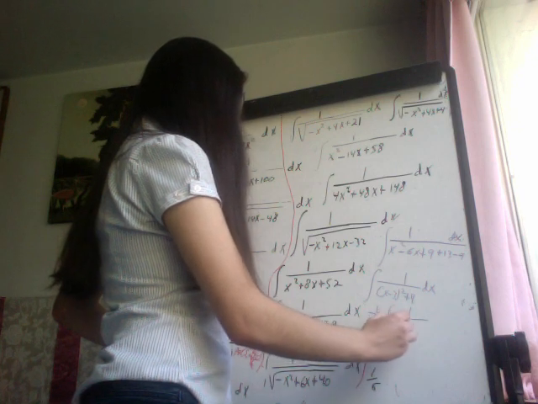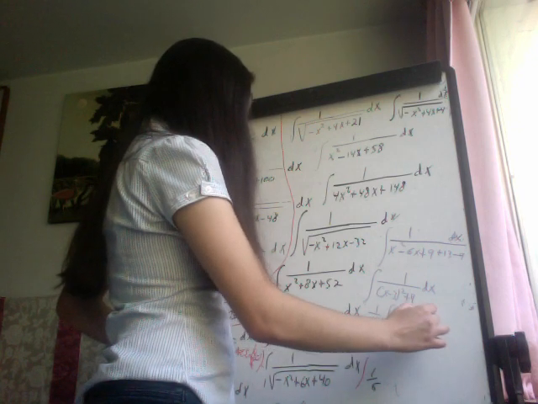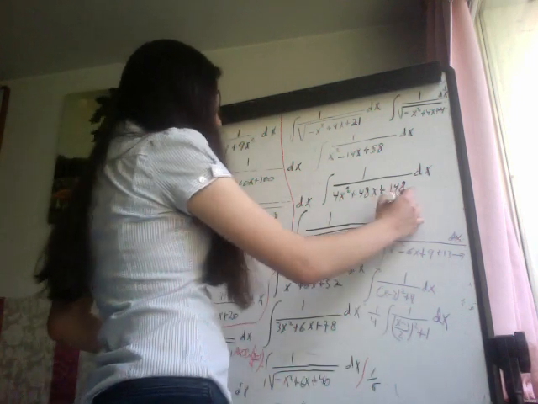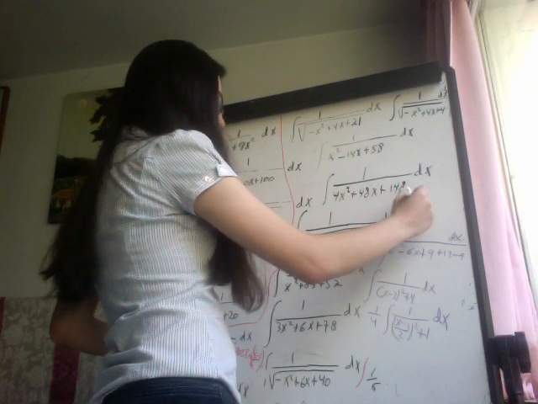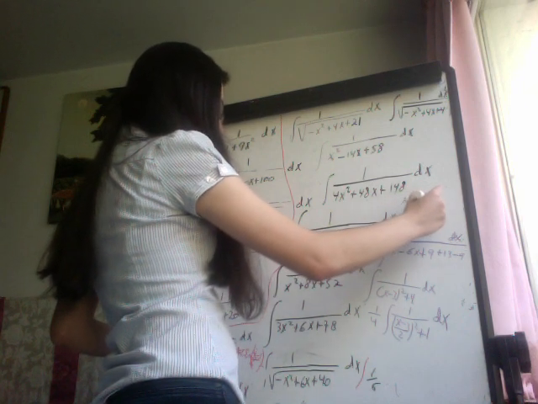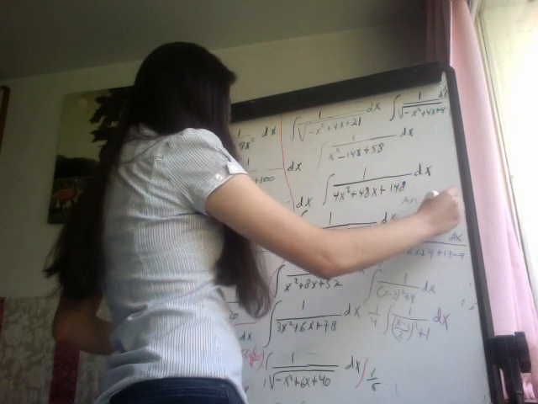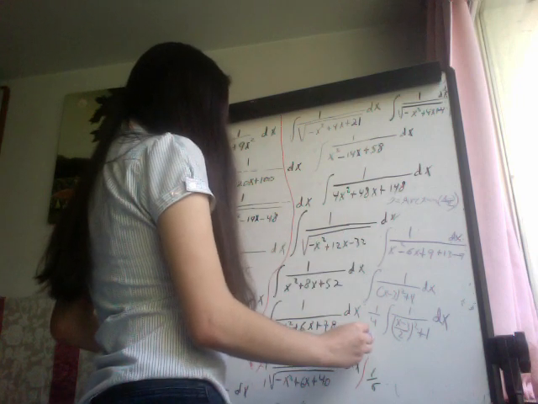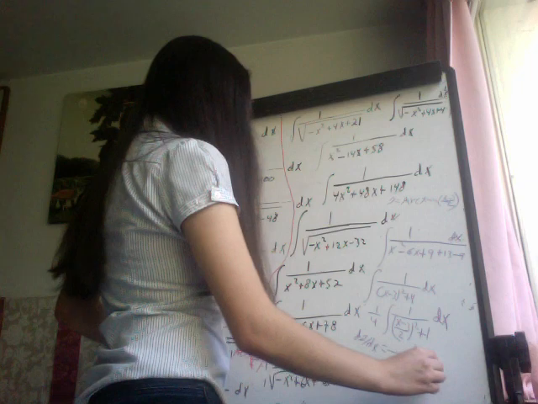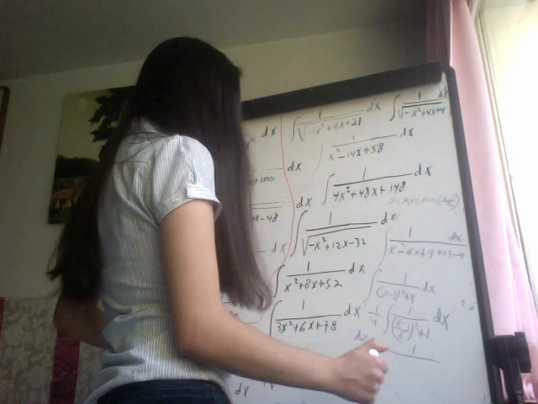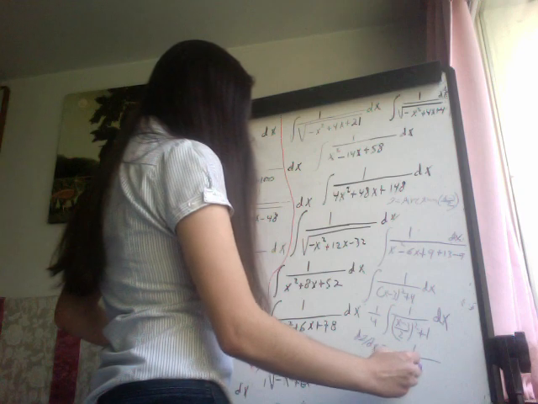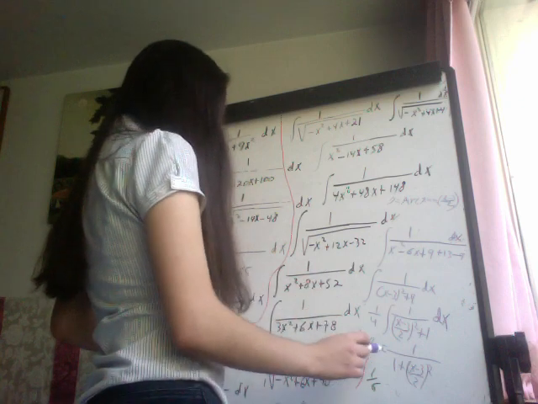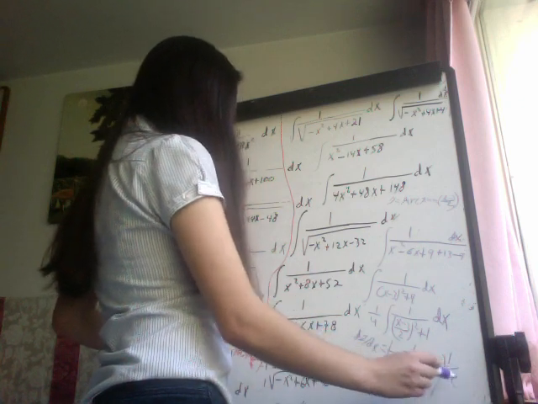So what is the integral of the derivative of arctangent of (x minus 3) divided by 2? If this is y, then dy/dx will be 1 over 1 plus ((x minus 3) over 2) all squared, times the derivative of what is inside, so times 1/2.